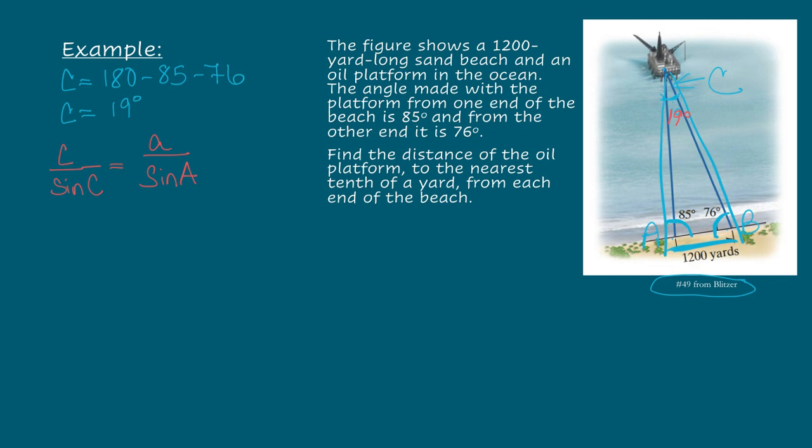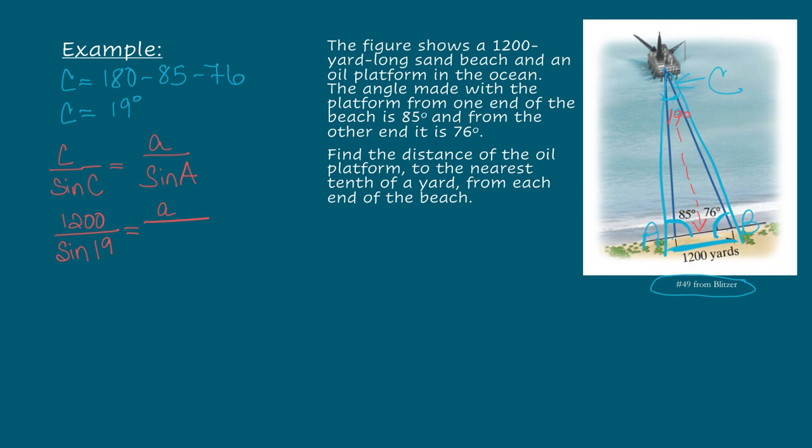We just found that. So 1,200 over sine 19. I know that side C is 1,200 because it's opposite of angle C. And angle A is not known.